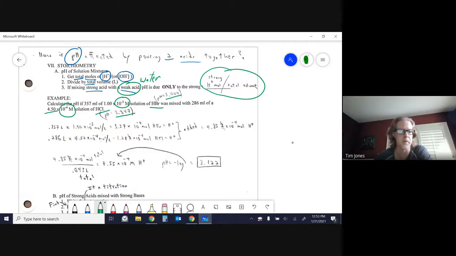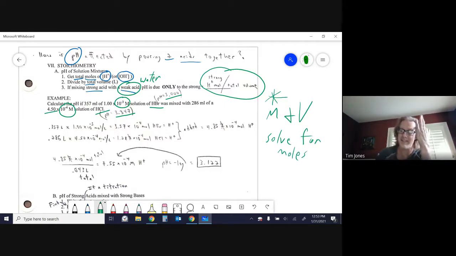So anytime you have molarity and volume, it's all for moles. I introduced this idea in the last unit, but it's even more important right now.